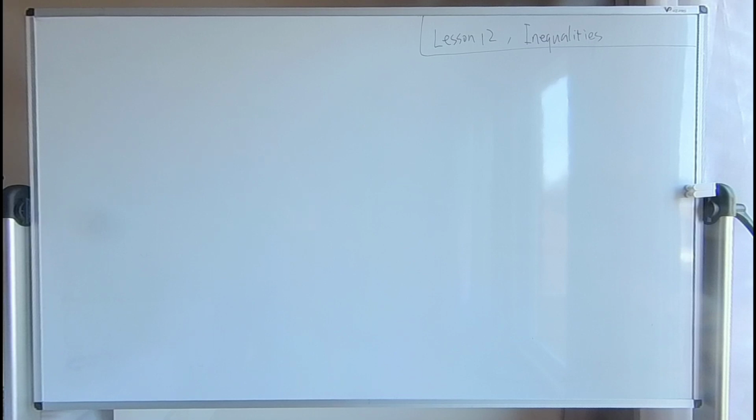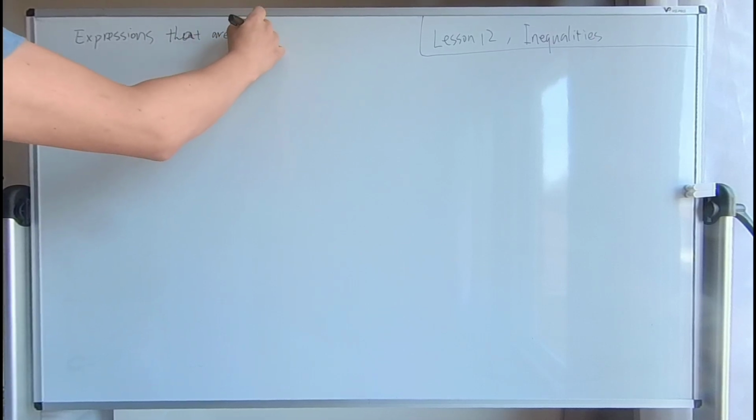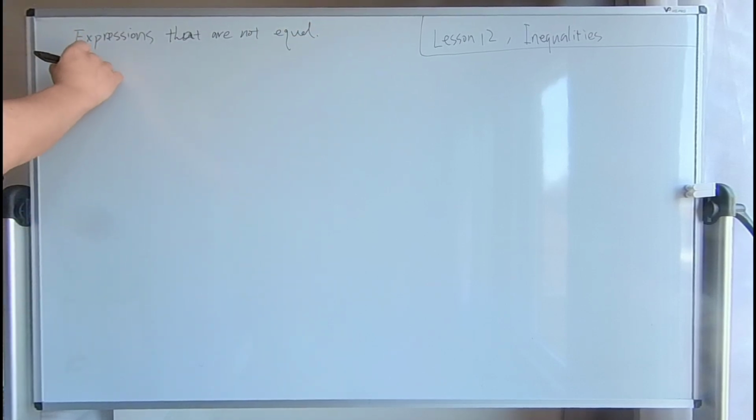of the equation. But of course, we would also have the scenario such that the expressions are not equal to each other on either side. So, for example, what happened to the expressions that are not equal? For example, I have 2 plus 7 as one expression, even though these are all constants, but it is also an expression, right?